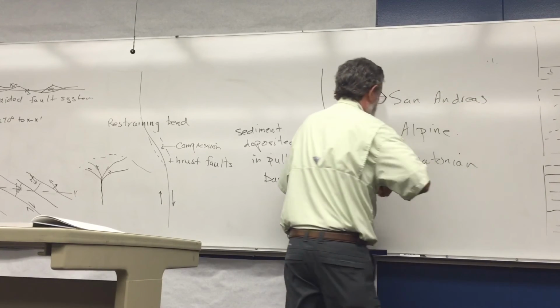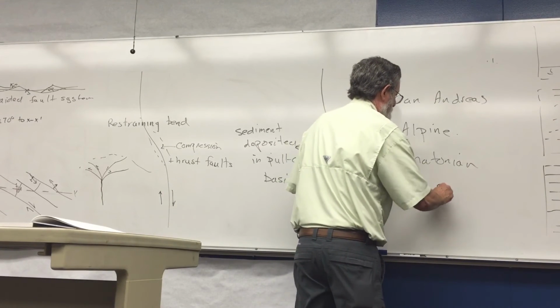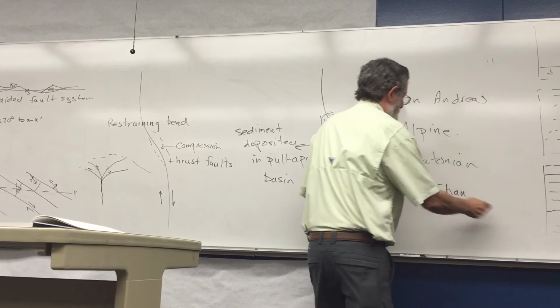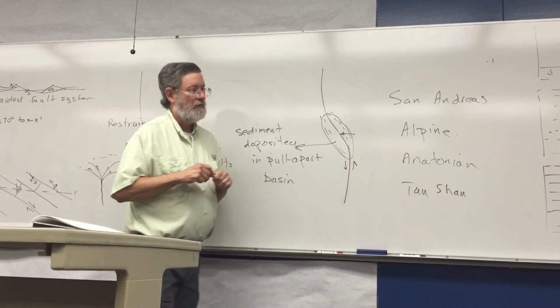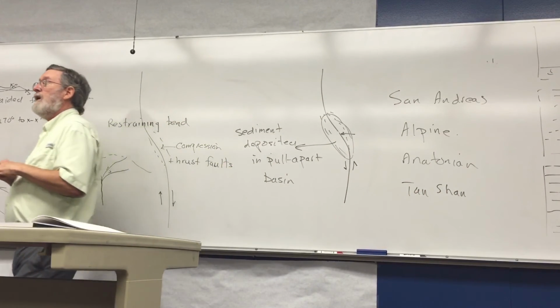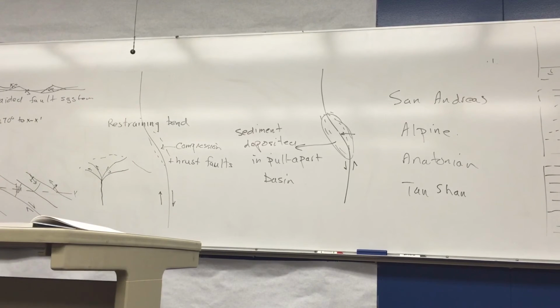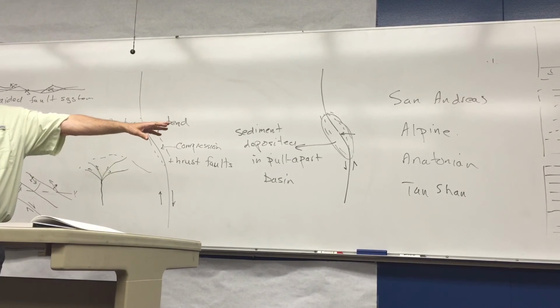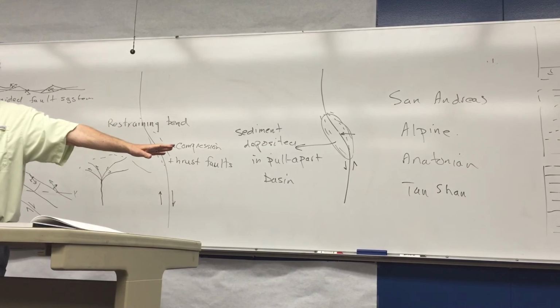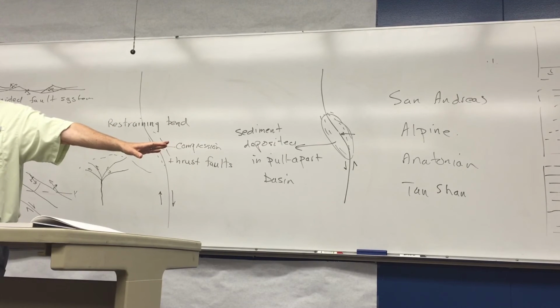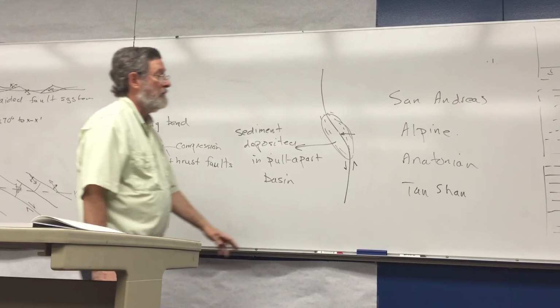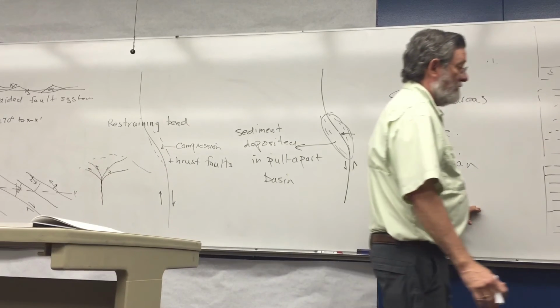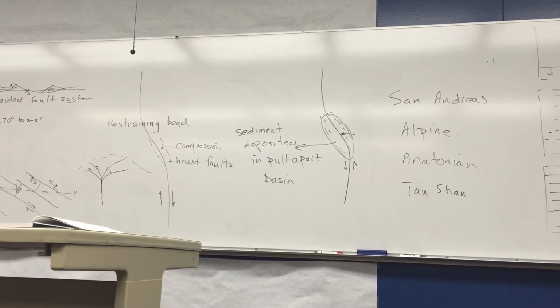If we look, this one, the Tangshan, is in China and is likely the most dangerous strike-slip fault system in the world. Portions of the Tangshan slipped in 1976.